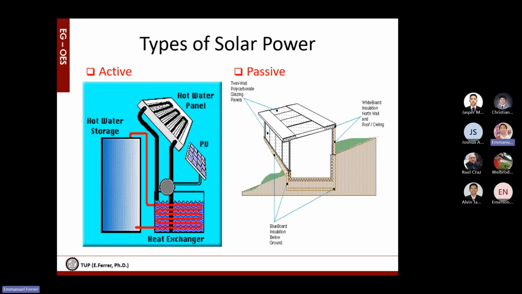So mostly these designs are actually implemented to countries where you have 4 seasons. So dinidesign yan para yung mga bahay, yung mga buildings, para mas makapag-collecta sila ng mas mahabang liwanag sa araw. At syempre, ma-utilize yung heat sa gabi pag malamig na yung panahon.